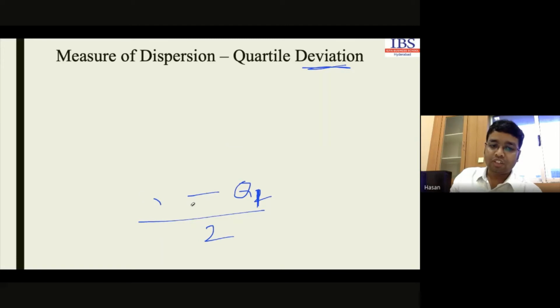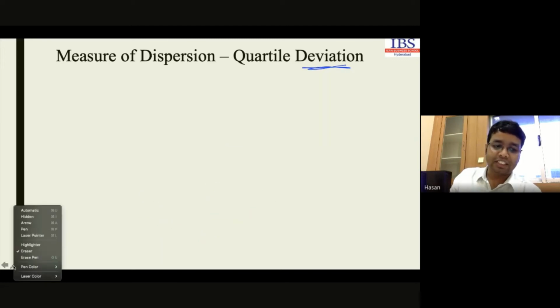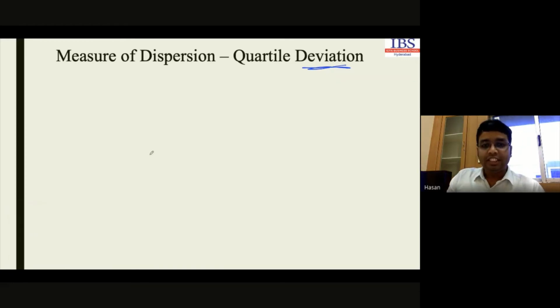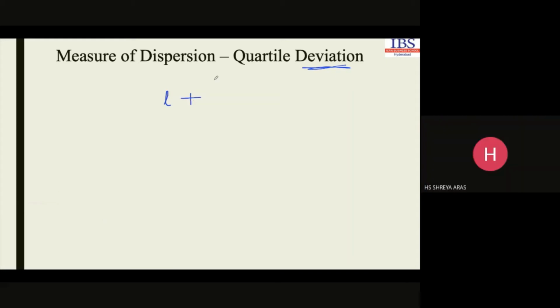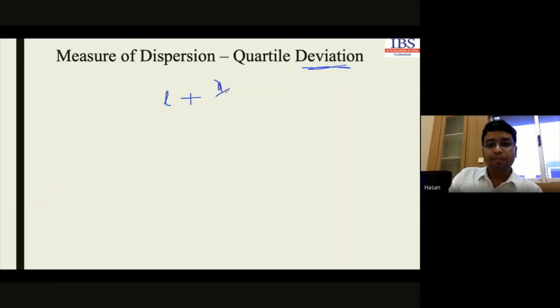So here, if our data is discrete in nature, then we can easily divide the data into 4 parts. Otherwise, if our data is continuous, then we'll have to apply this formula, L plus I into N by 4. N by 2 minus CF by F into H. We apply this formula to identify the position.